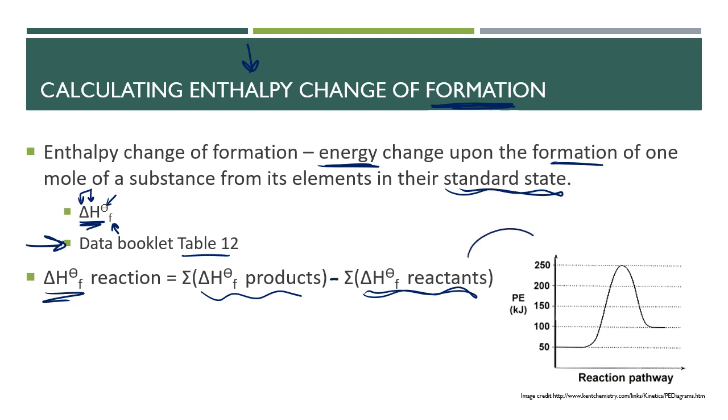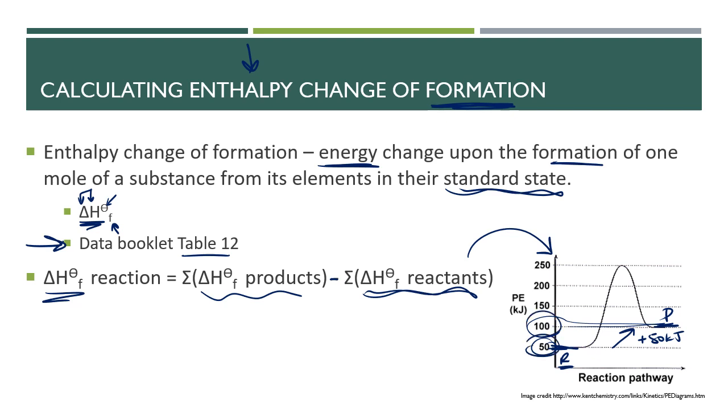This makes a lot of sense if we think about it in a potential energy diagram. Here I can see that my reactants have 50 kilojoules of energy and my products have 100. I need to get from reactant to product, and to do that I'm going to have to add 50 kilojoules of energy to get from 50 up to 100.